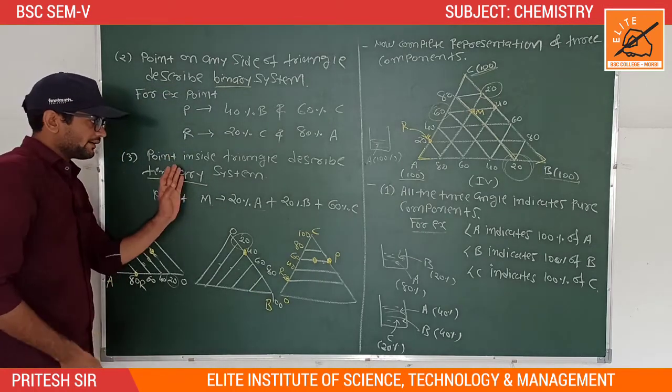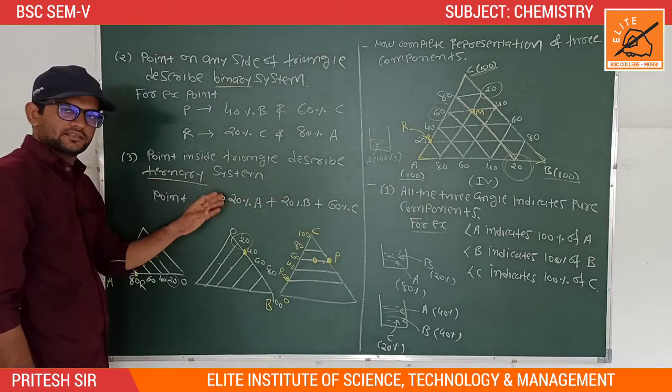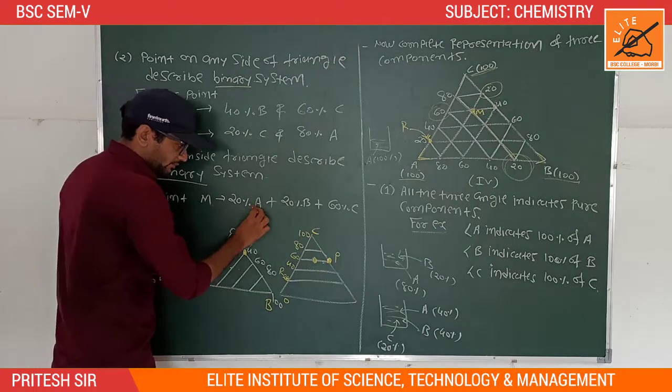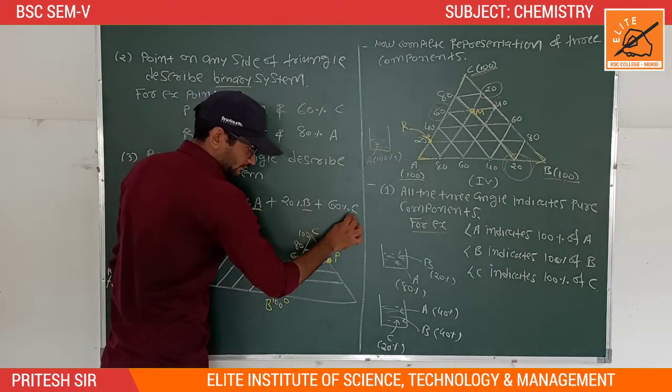So a point inside the triangle describes a ternary system. It means three different compositions are present.